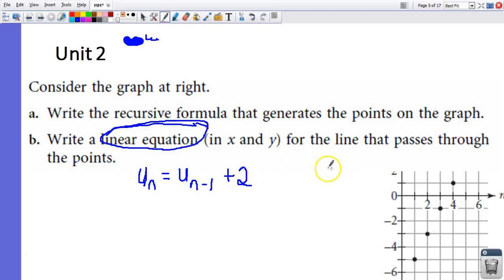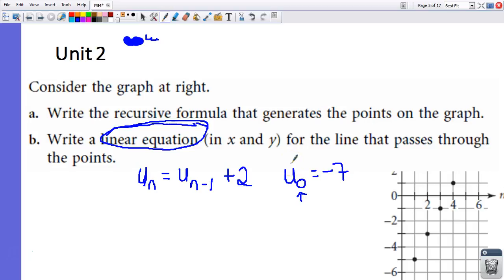But in order to find those points, you need to say which one was the starting value. The starting value for this, our u sub 0, was negative 7. The reason I made it u sub 0 is because it's on the y-axis, although I don't think that really matters.